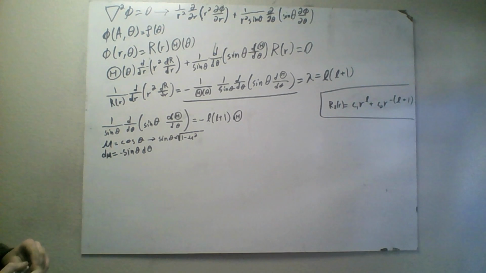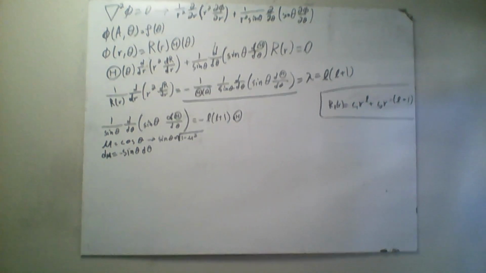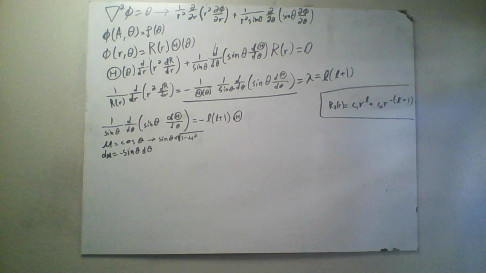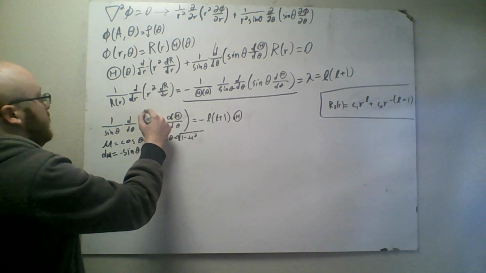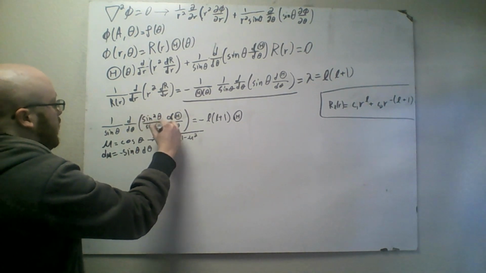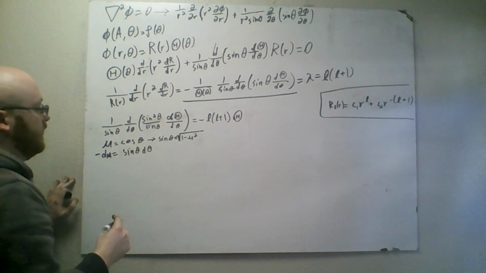Okay. So now we can kind of pull a little sneaky trick here. I'm going to rewrite this as sine squared theta over sine theta. And if you notice, we're going to have negatives here.